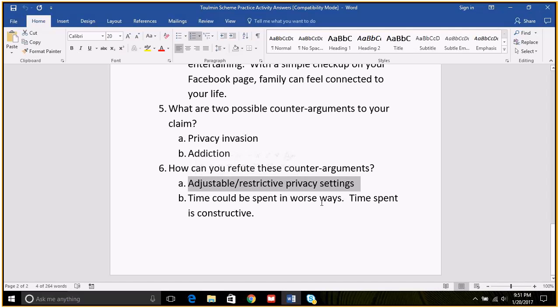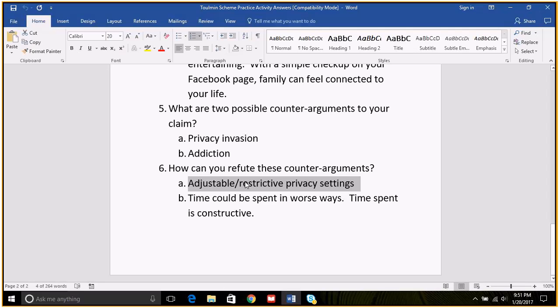We can refute that by saying, you know what? Some are concerned that Facebook is a window into an invasion of privacy. However, you can adjust your privacy settings on your Facebook account to just let certain people see certain information. And you can talk about the different restrictions that they have available.